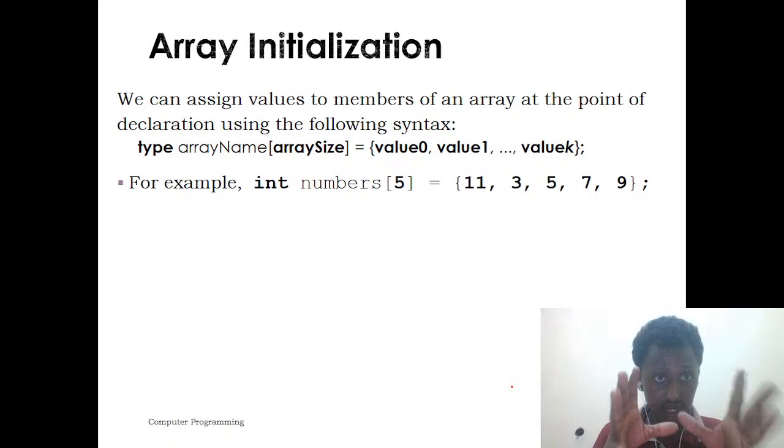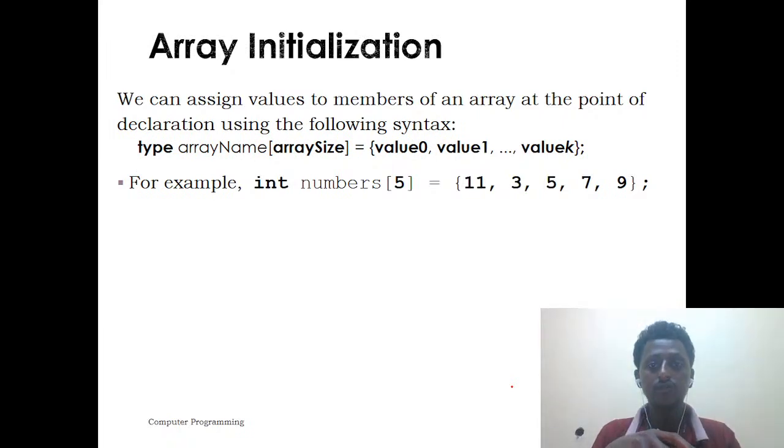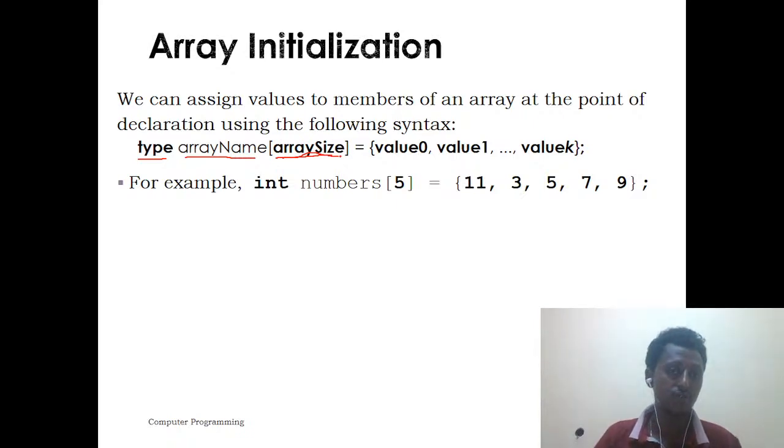We can assign values to members of an array at the point of declaration using the following syntax: type, array name, array size. This is the array data type, this is the array name, and this is the array element size. It depends on you. You can give different array sizes.